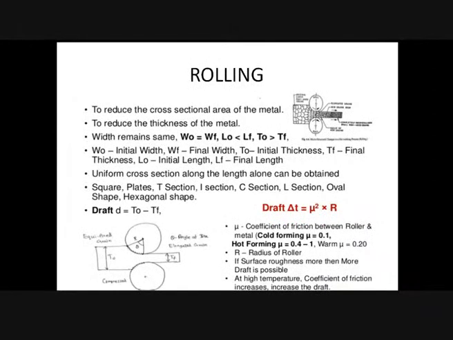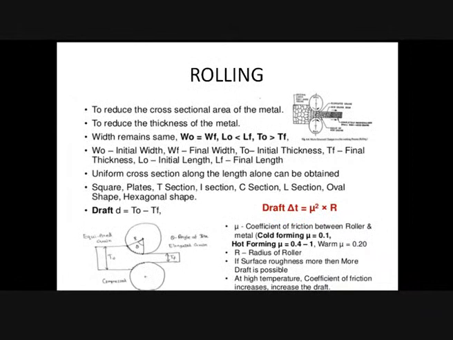Many people have doubts about this, so here we have made an assumption: we consider the rolling operation to be incompressible. It can be compressed, but the volumetric change is assumed to be zero.